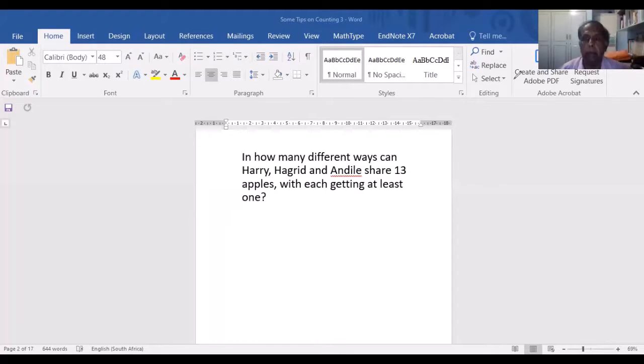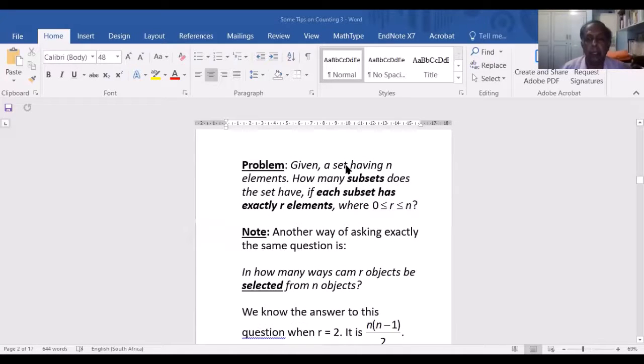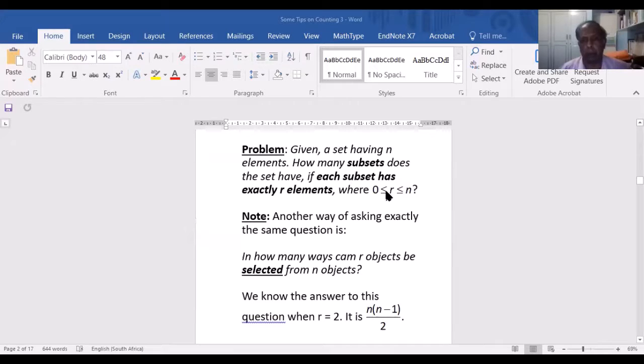Okay. So now we go on to a new problem. And this is the problem. Given a set having n elements, the question is, how many subsets does the set have if each subset has exactly r elements?